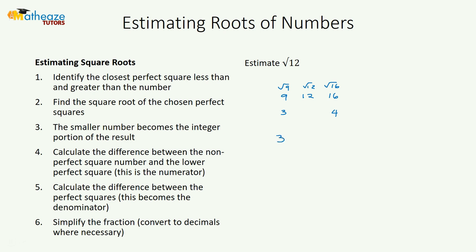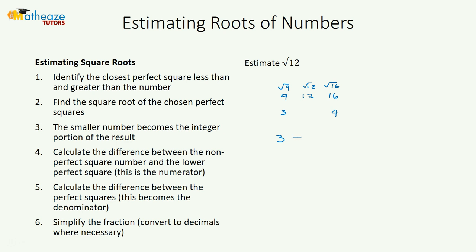Now we're going to estimate the distance between, because we're going to end up with a fraction because it's not a perfect square, we're going to estimate the distance between the lower and the number we're interested in and the lower and the higher perfect square. So the distance between the lower perfect square and the higher perfect square is 7.